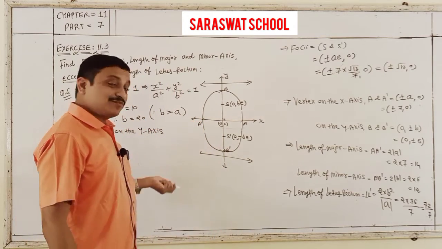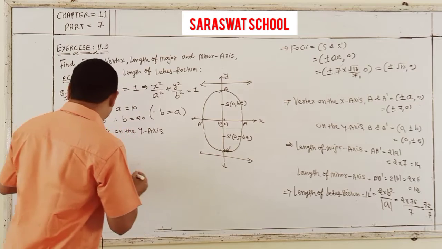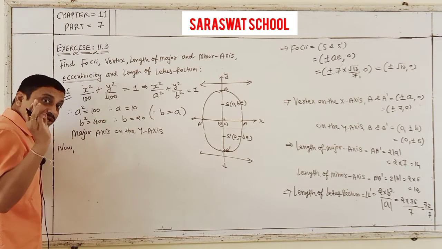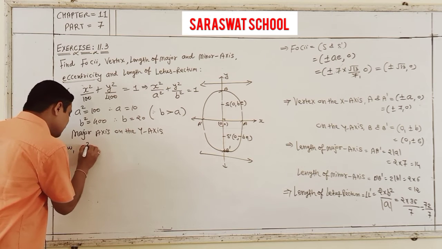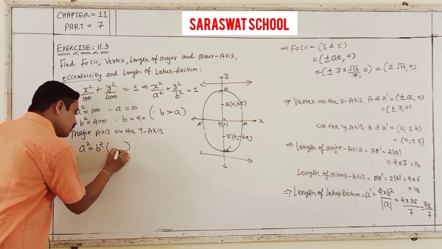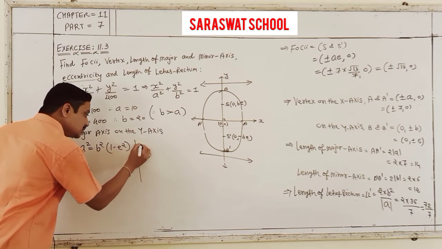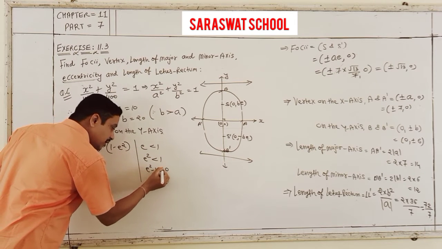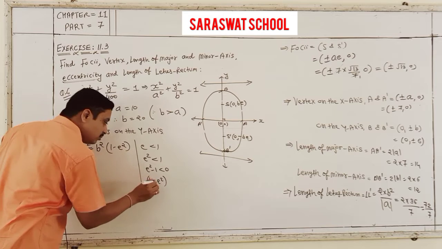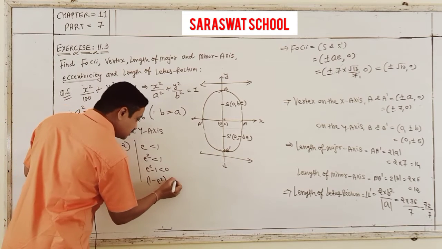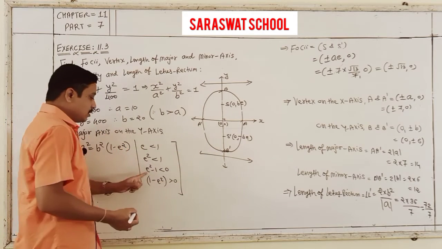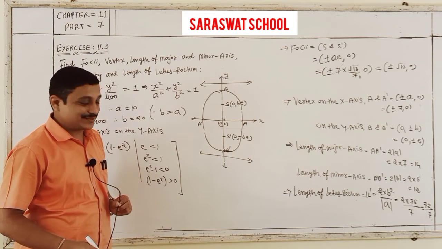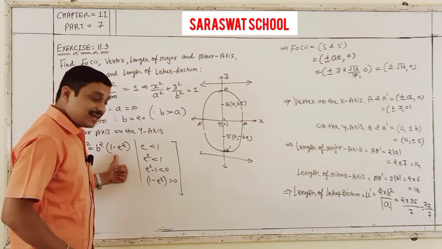Now going ahead, formula number 3. Yes, you know that formula number 3 for major axis y-axis: a square is equal to b square times 1 minus e square, because e is less than 1, e square is less than 1, e square minus 1 is less than 0, and 1 minus e square is greater than 0. That value you put in and decide the value.